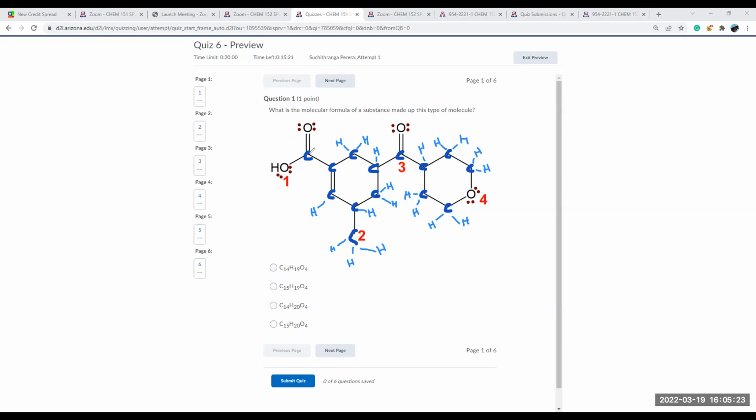Okay, let me count again. 1, 2, 3, 4, 5, 6, 7, 8, 9, 10, 11, 12, 13, 14. 14 carbons. Therefore, we can eliminate any option with 15 carbons here. So we are left with only two options.